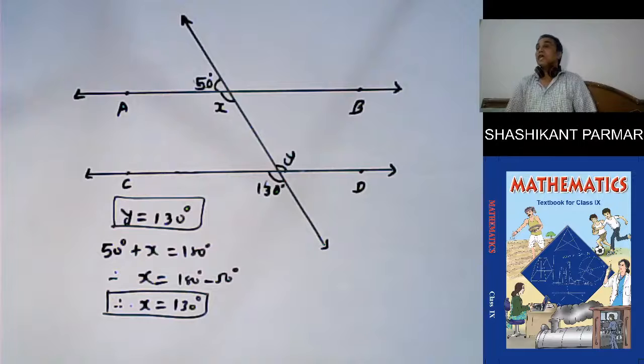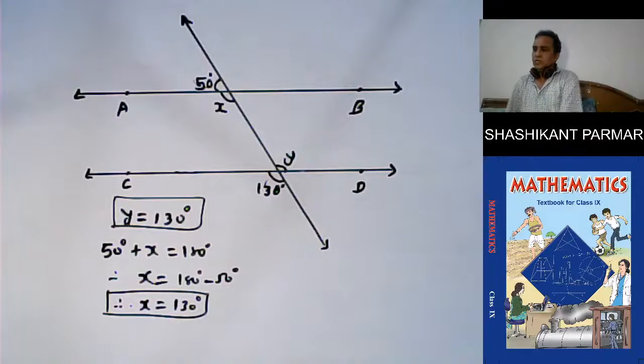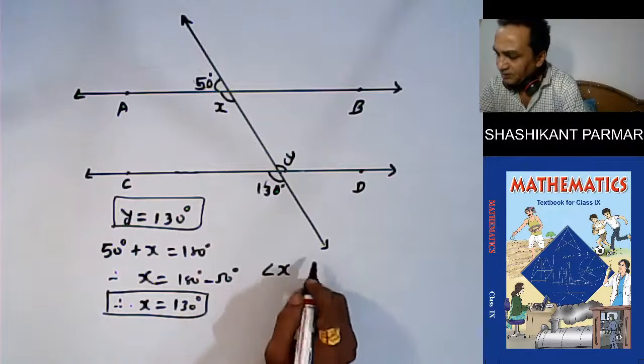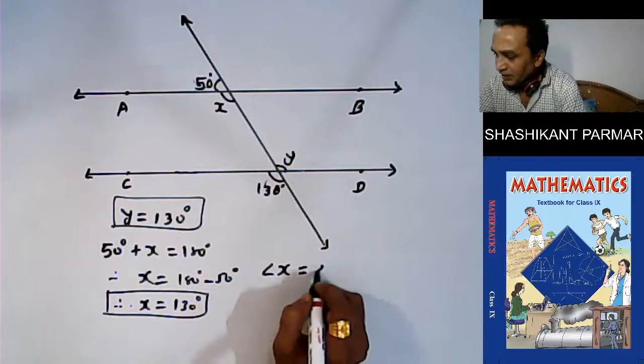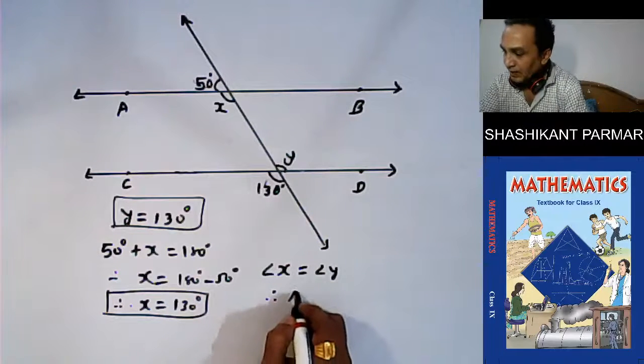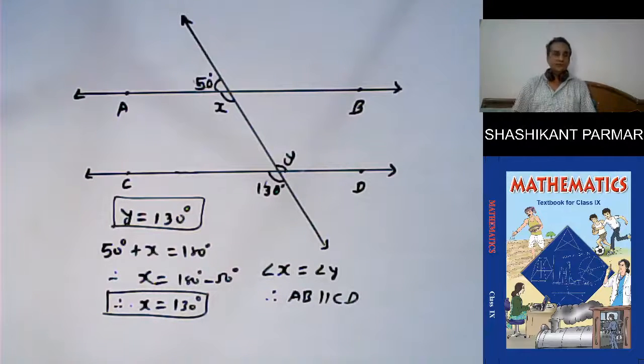And this X and Y are alternate interior angles, and if alternate interior angles are equal, if X and Y are equal, therefore line AB and CD are parallel.